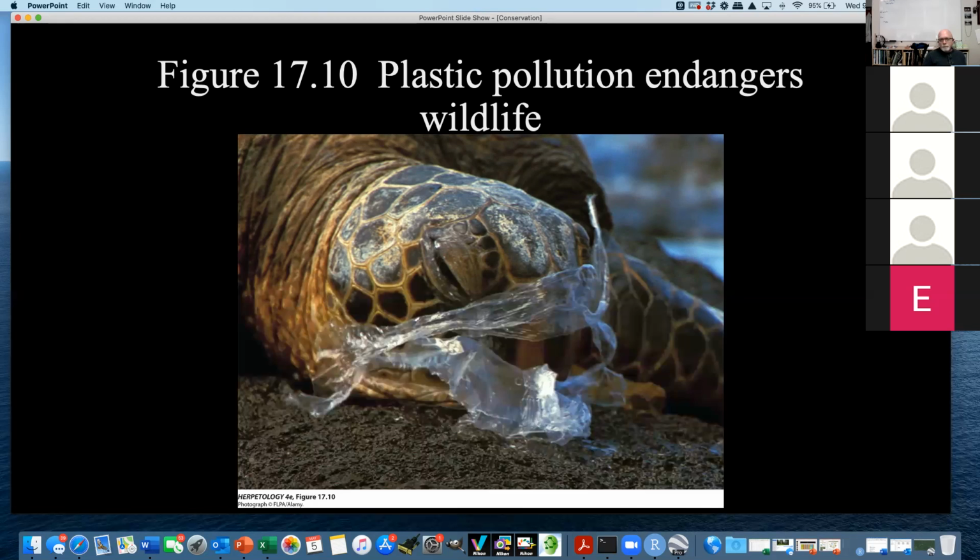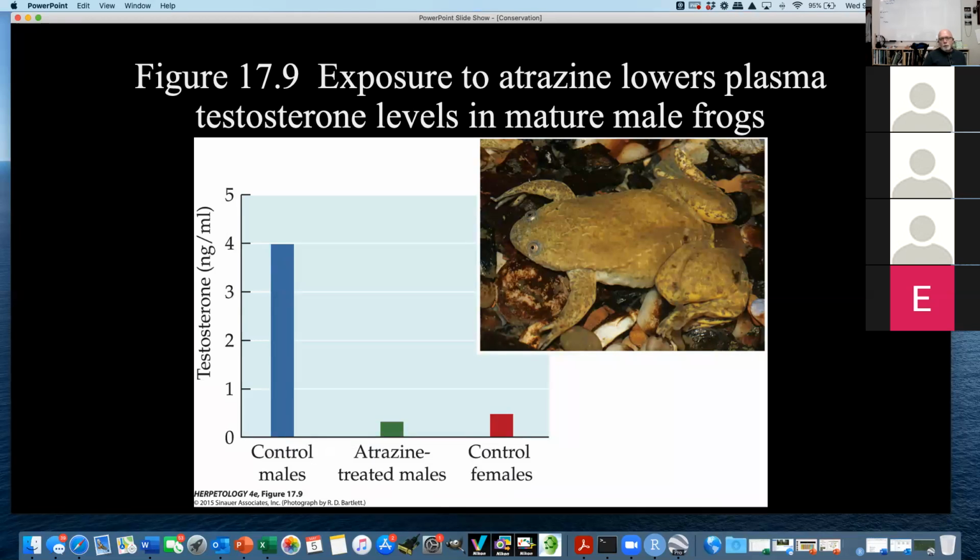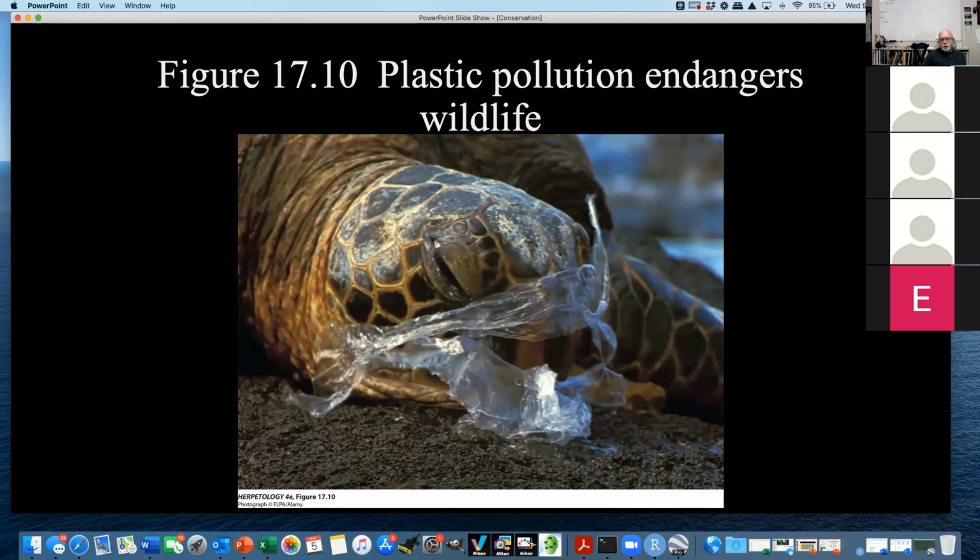So we have certain types of pollution like chemicals, but we also have just trash that then animals ingest. It causes blockages in their digestive system and can lead to death after prolonged periods of illness. So pollution of a variety of different types is problematic for animals.